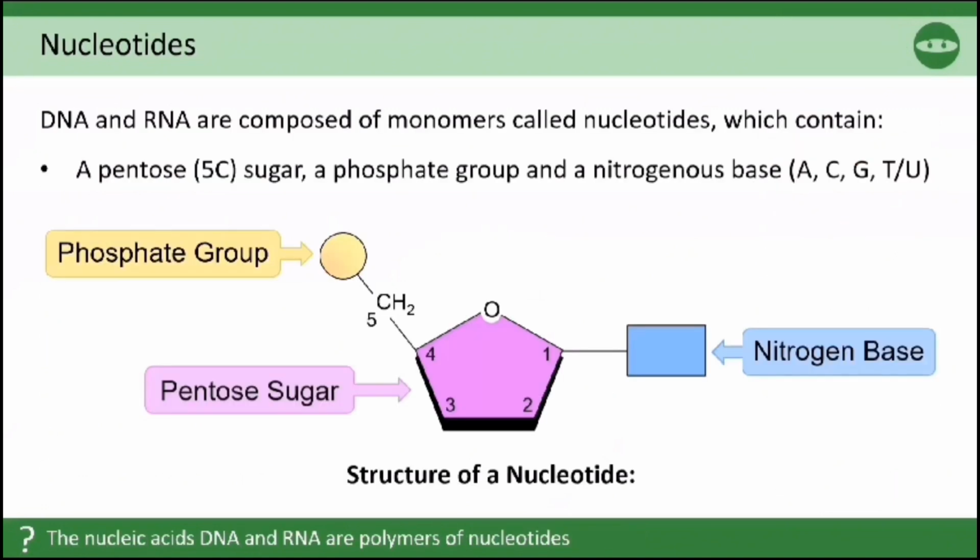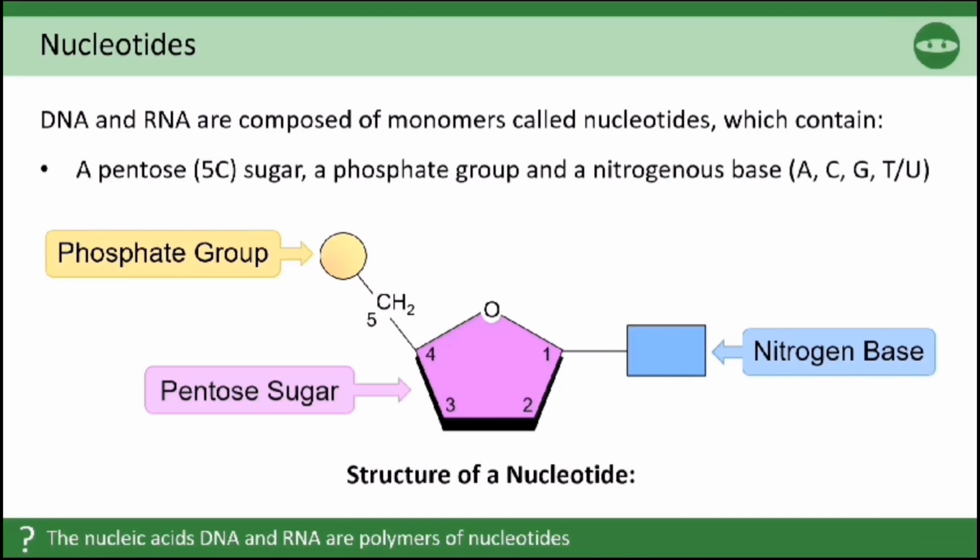First, the nucleotide is composed of three main parts: the phosphate group here in yellow, the pentose sugar in purple, and the nitrogenous base, represented here by a blue color. DNA and RNA are both composed of monomers called nucleotides.